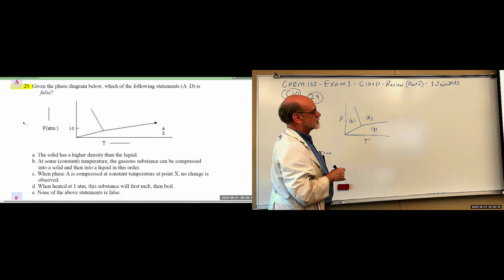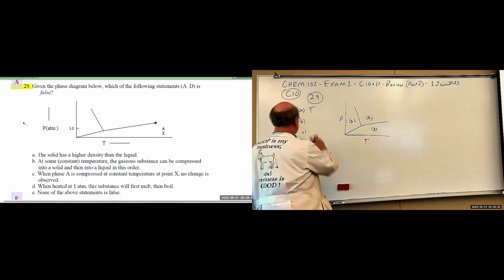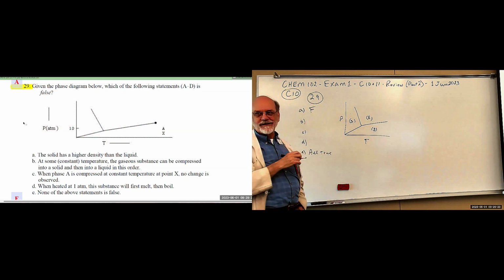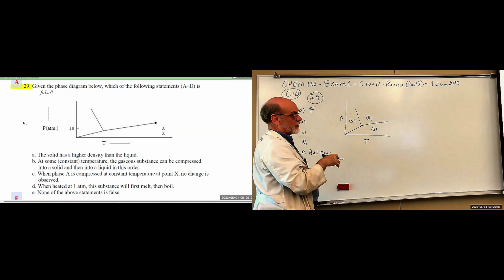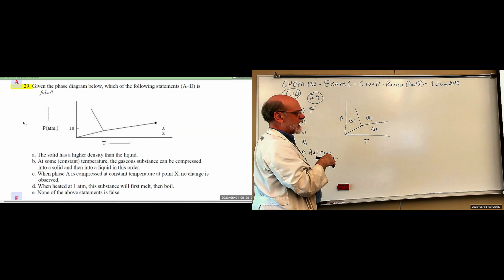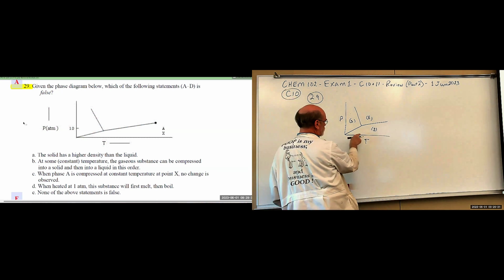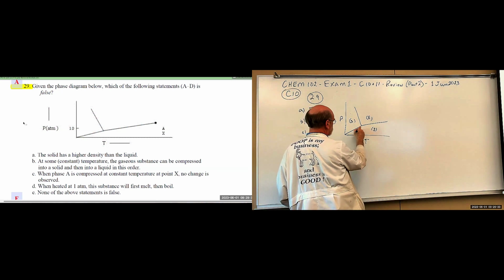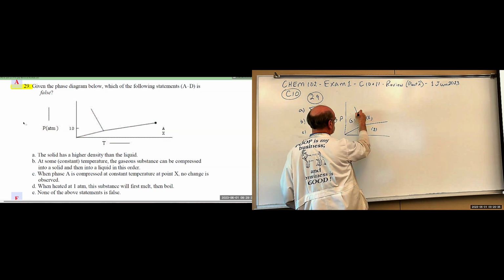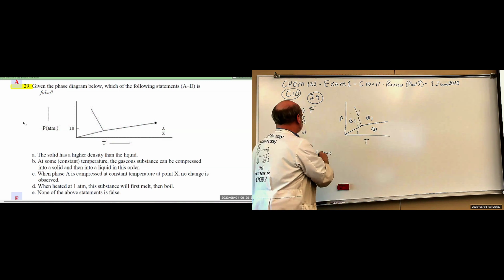Which of the following statements, A through D, is false? Oh, that's false. Excuse me. A statement as read is false. At some constant temperature, the gaseous substance can be compressed into a solid and then into a liquid. So at some temperature, you can pressure it from a gas to a solid and then into a liquid. That's true.